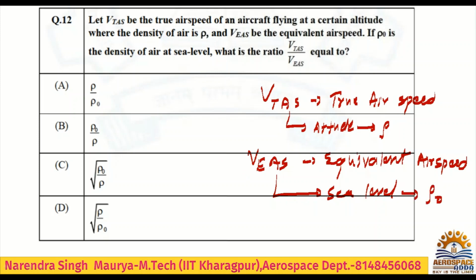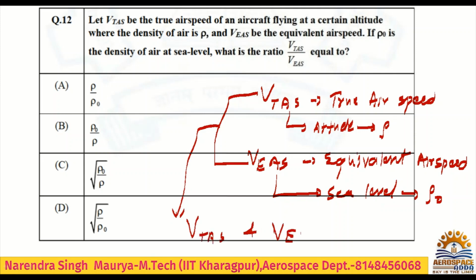True airspeed is calculated at any particular altitude, and the density at that altitude will be given. Equivalent airspeed is always calculated at sea level, and the sea level density is also given. Now we have to develop one relation between true airspeed and equivalent airspeed.